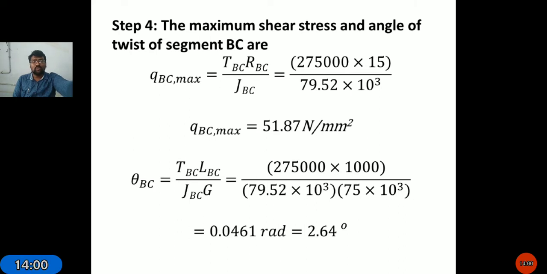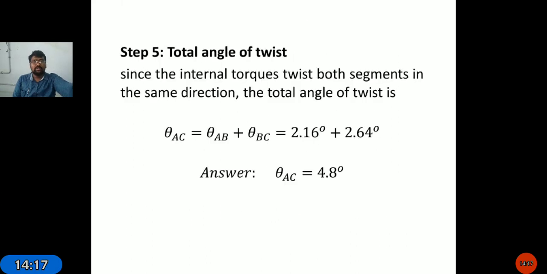substitute the torque developed in BC, the radius of BC and JBC in this equation, and we will get the value of maximum shear stress developed in cross section BC. Similarly, the theta value. Up to now we calculated the angle of twist developed in shafts AB and BC.